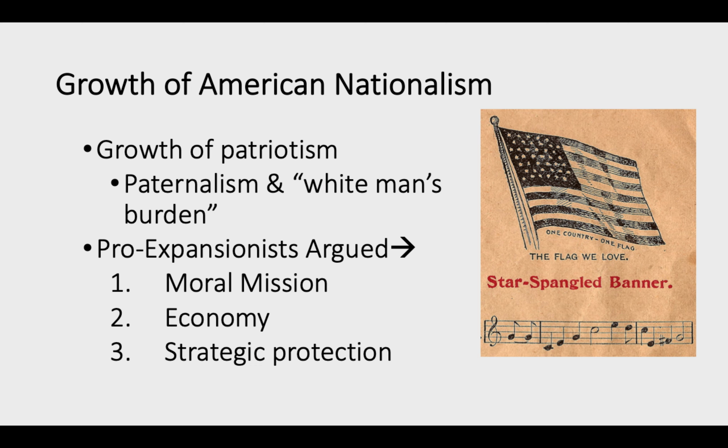So Mahan believed that having strategic overseas bases in the Pacific would prove to be very important for protecting the U.S., and that in order to protect the U.S., we needed to have a strong, powerful navy.